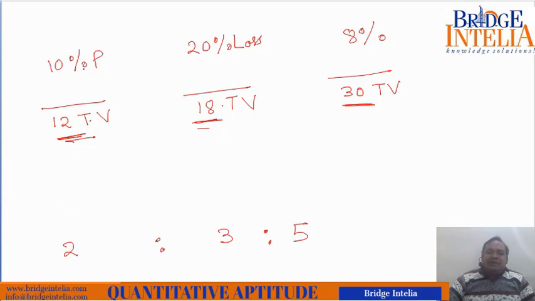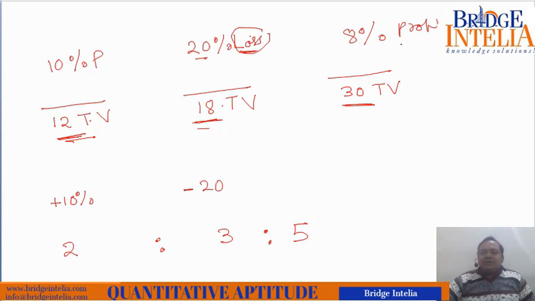Here 10% profit, so plus. Here 20% loss. Do not write simply 20, because then the loss or profit has no meaning. Since it is a loss, you have to write minus 20. Here 8% profit, so plus 8.